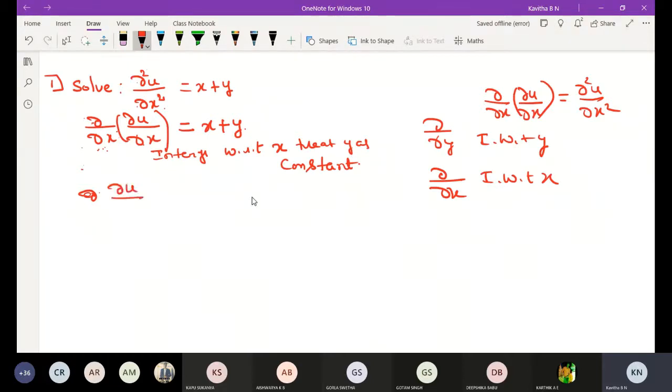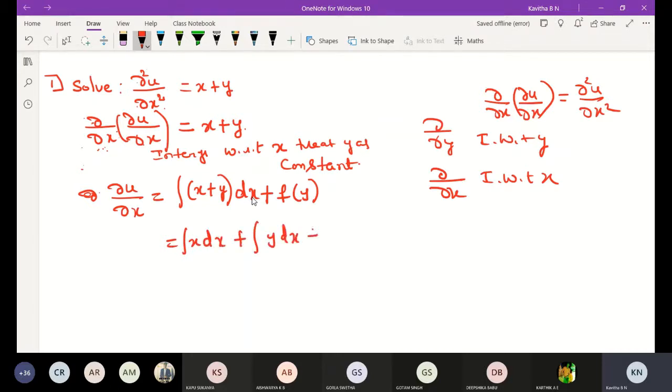So ∂u/∂x is equal to the integration of (x + y) dx plus, here y is a constant, in place of k we have to write f of y. The next, integration of x dx plus integration of y dx plus f of y.